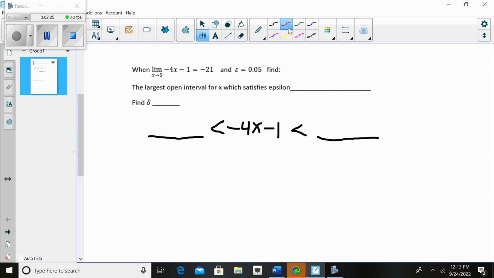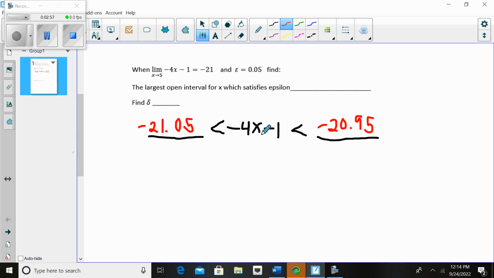Okay, so again, pause the video, and where do you add and subtract the 0.05? Okay, and so remember, it is the functional value that the skeptical mathematician is interested in, the y values. They say, get me between these two y values. Okay, so you subtract 0.05 from -21 and add it to -21.